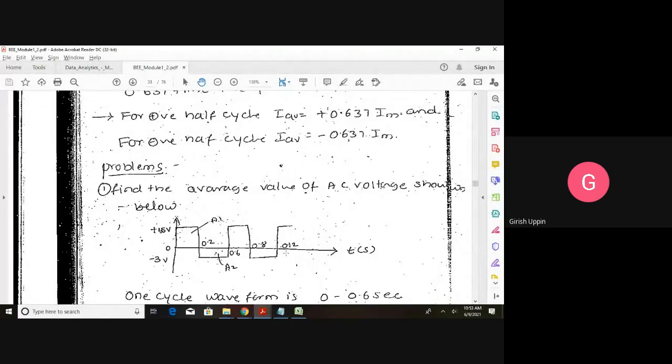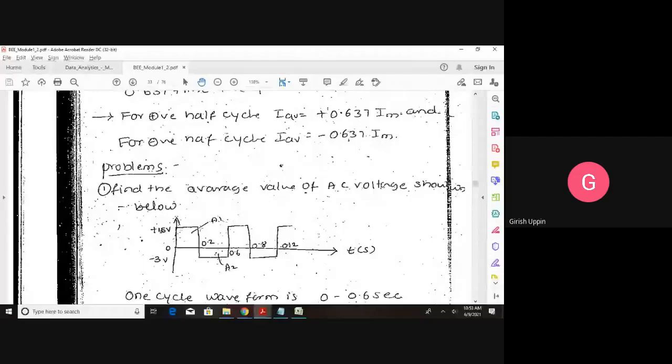For example, you can see here this waveform. On the positive side, it is plus 15 volts, and this is the time in seconds. From 0 to 0.2 second, it is plus 15 volts.